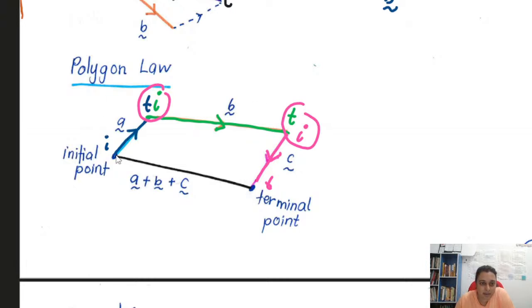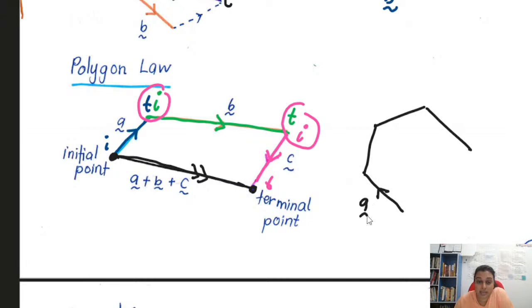So the final one, take the initial, you connect to the terminal. So this is your resultant, A plus B plus C. It doesn't matter, sometimes it can be like that, up to the question. Here is A, here is B, here is C, here is D. Faham kan?